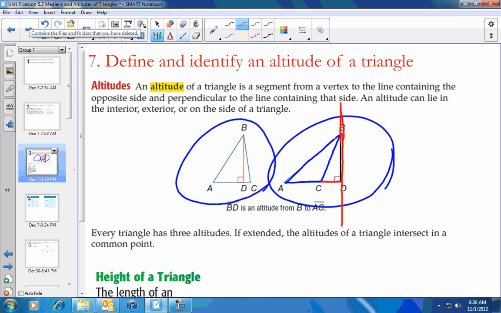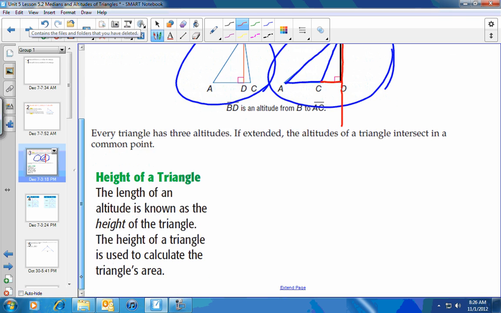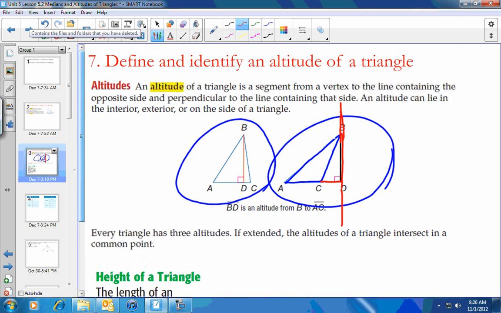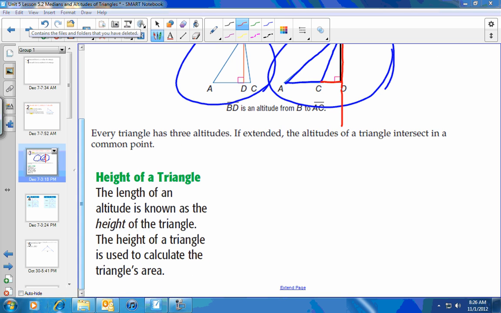But they also eventually intersect at a point, and I've forgotten what that point's called, orthocenter, I think. Okay? And let's see, I'll look. Yep, orthocenter.